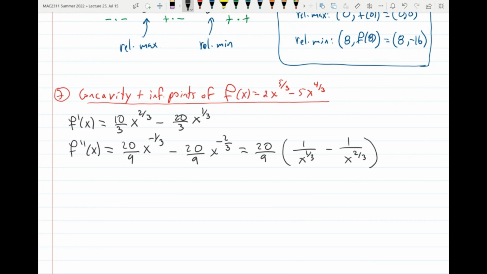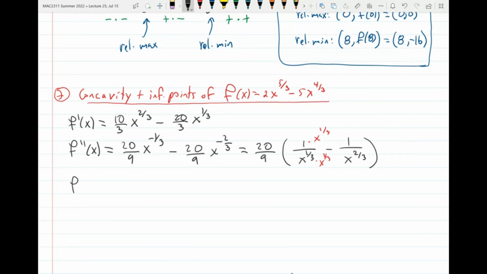And now we just need to combine these two fractions. Remember, all we need to do is make the denominators the same. And we can easily do that by multiplying the first one top and bottom by x to the 1 over 3. This is so that we can make the denominators the same.